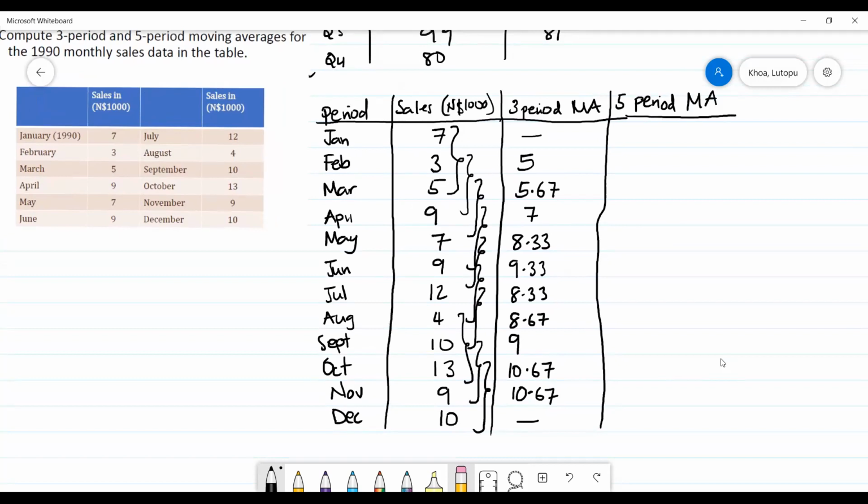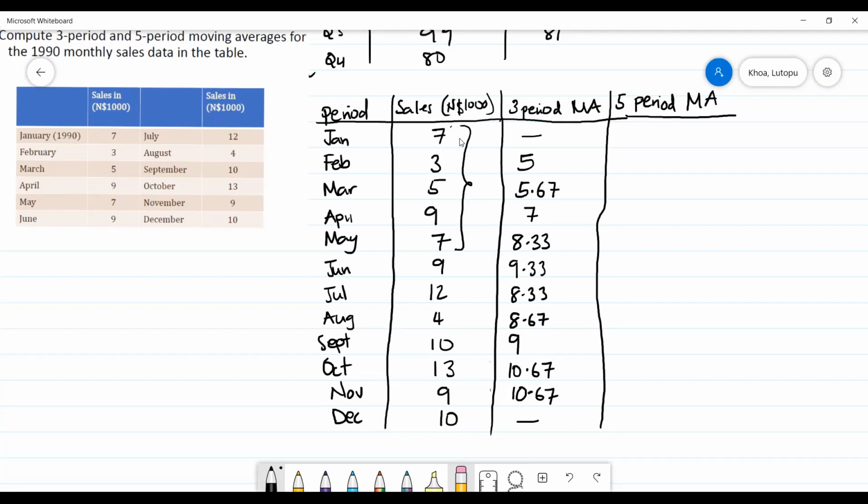So this time, instead of taking 3 values at once, I'm going to take 5 values and add them together, and then I will divide by 5. It's the same thing, except instead of reading 3 values, I'm now reading 5 values. So this is 1, 2, 3, 4, 5. So I read these 5 values, and I'm going to put it over here at the middle value. So if I have 5 months, the middle month is March.